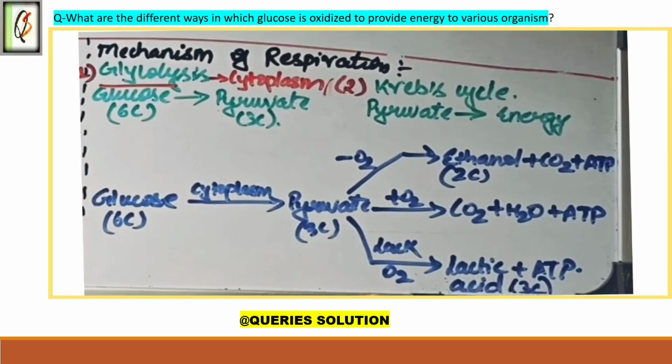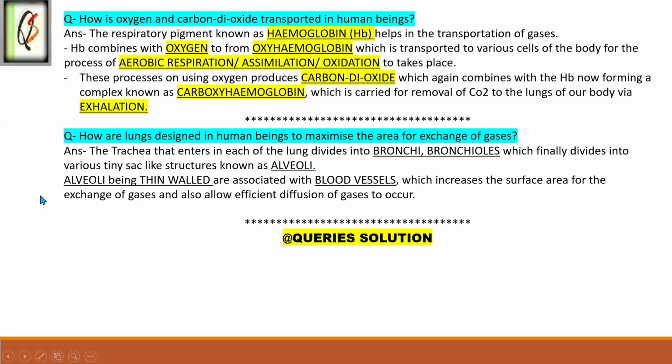And most importantly, as we have seen in the previous question, the major gas evolved is CO2. Before respiration it was oxygen; after respiration it's carbon dioxide. So what is the next thing that is going to happen? The same hemoglobin is going to combine with the carbon dioxide produced, to form a combination known as carboxyhemoglobin.